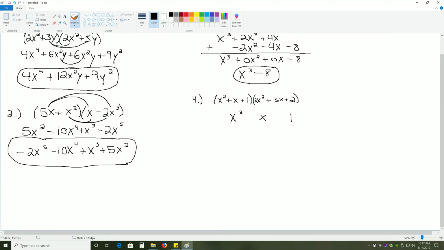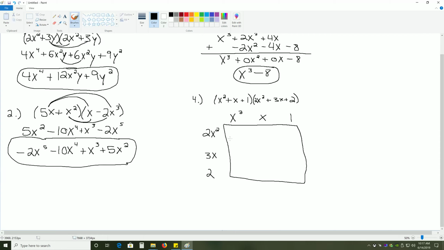Now we're going to write out the second polynomial long ways, so vertically. So we have 2x squared, then 3x, then 2. And now the trick with this type of problem is we want to create a box containing all of these terms.